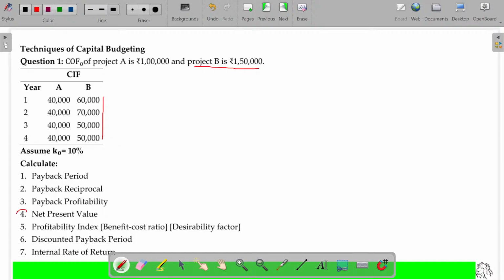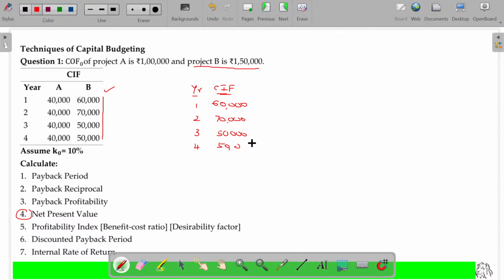So I'm going to calculate NPV for project B. Now year 1, 2, 3, 4. And the cash inflow we get in project B: the very first year 60, second year 70, third year 50, fourth year 50. Year on year I am getting this much amount.